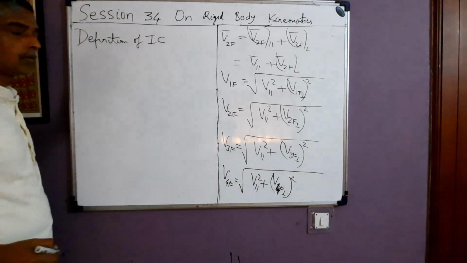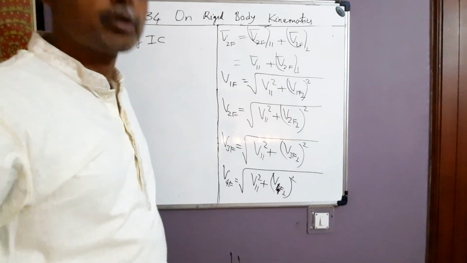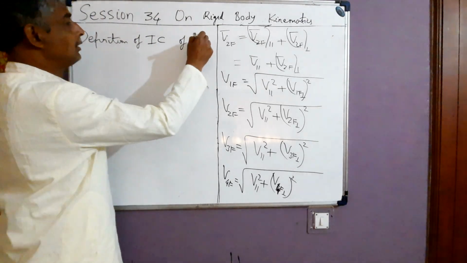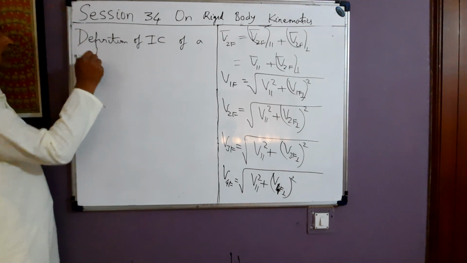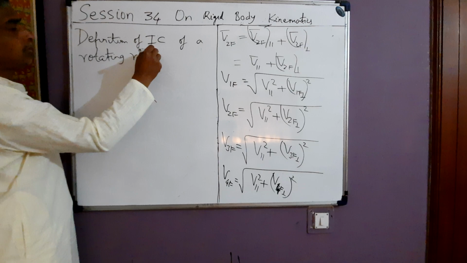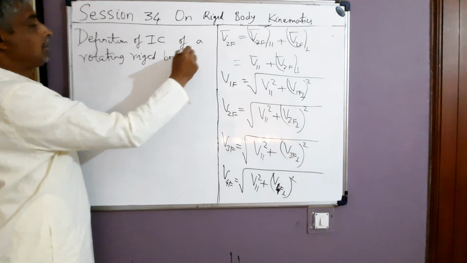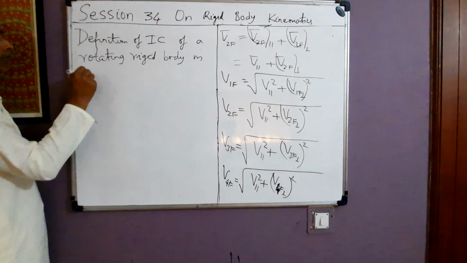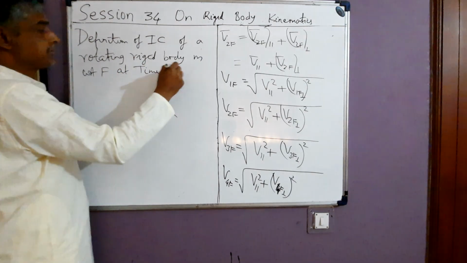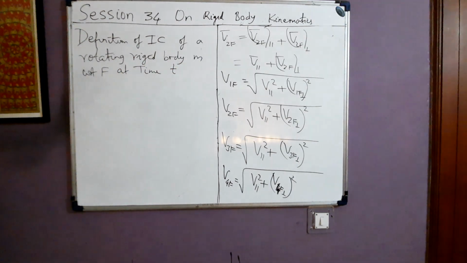IC meaning instantaneous center of rotation of a rotating rigid body M with respect to F at time t.